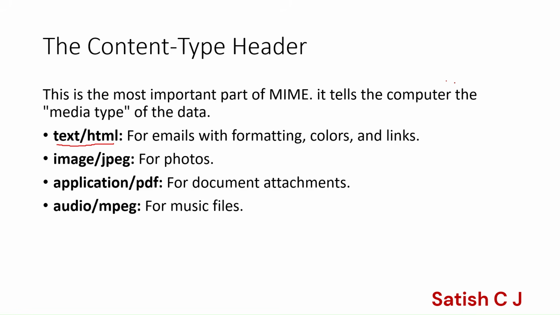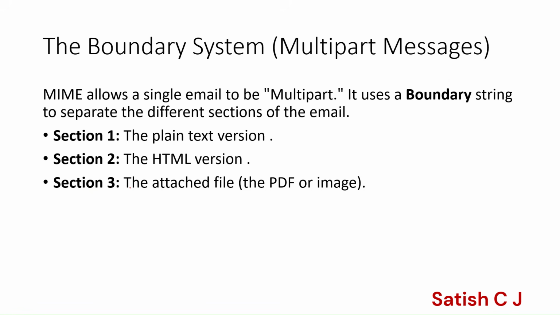So when the content you're receiving has a PDF document, the content type header will have the content type application or PDF. This is used so that the email client which receives the email knows what kind of content it is receiving in the various parts of the mail.